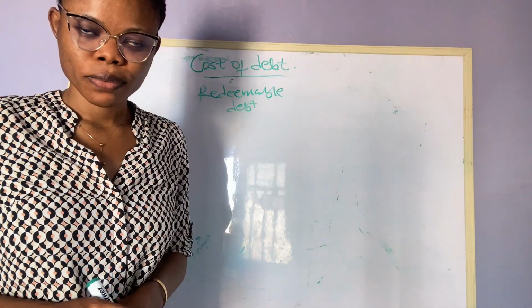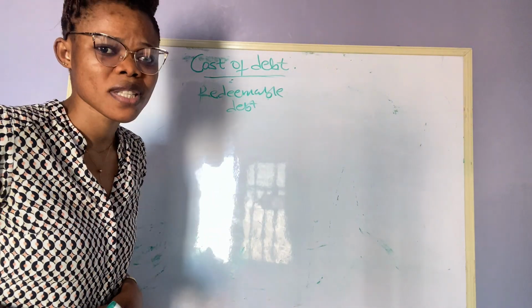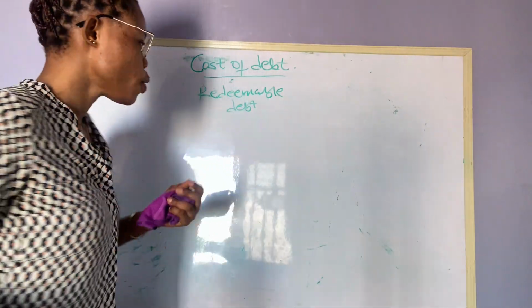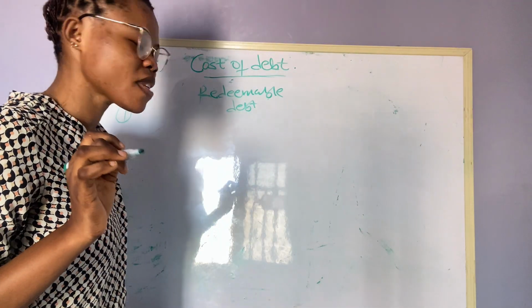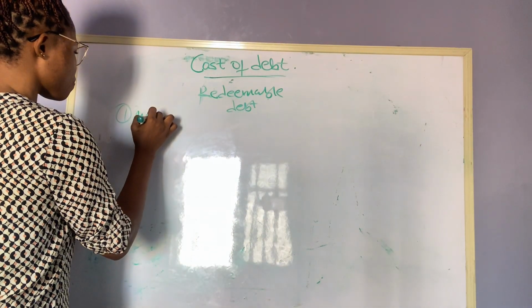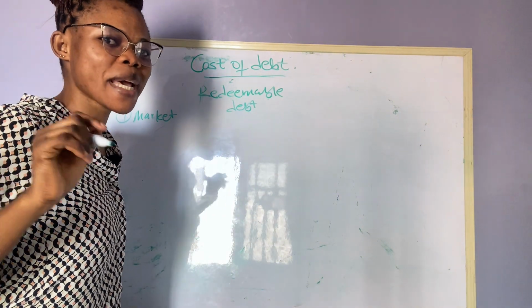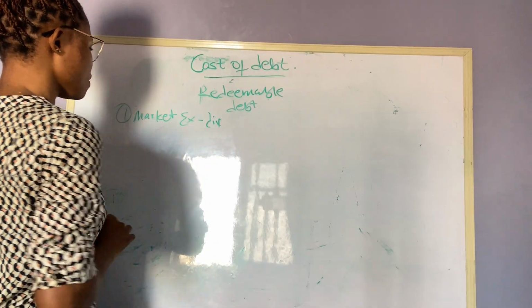Now, for us to draft the internal rate of return table, what are the ingredients? What ingredients do we need? Number one, we have the market value after dividend has been paid, that's market value ex-div, right?